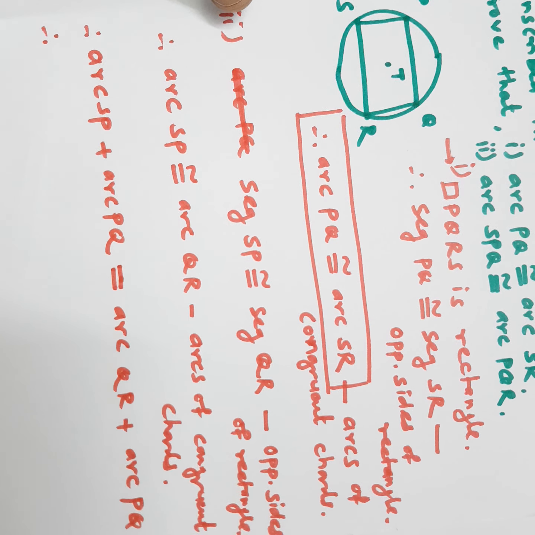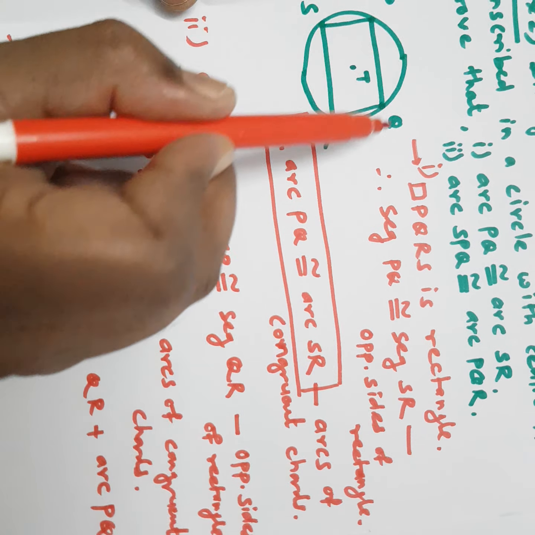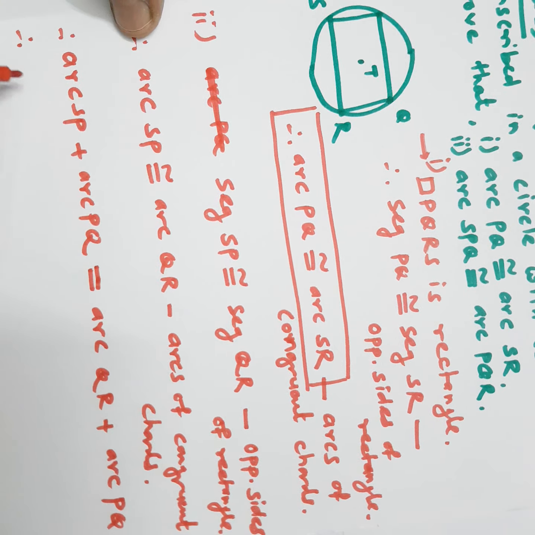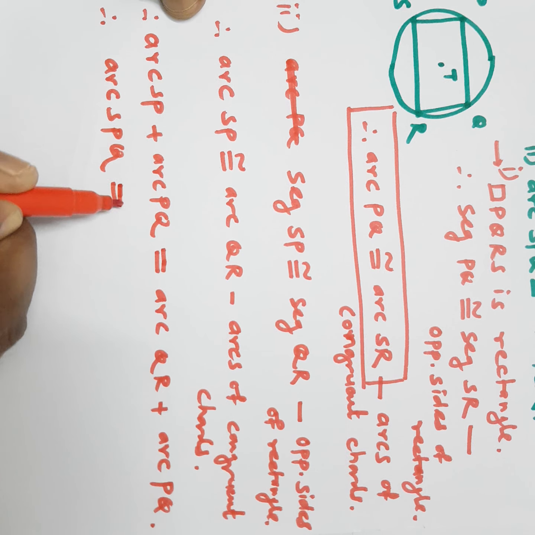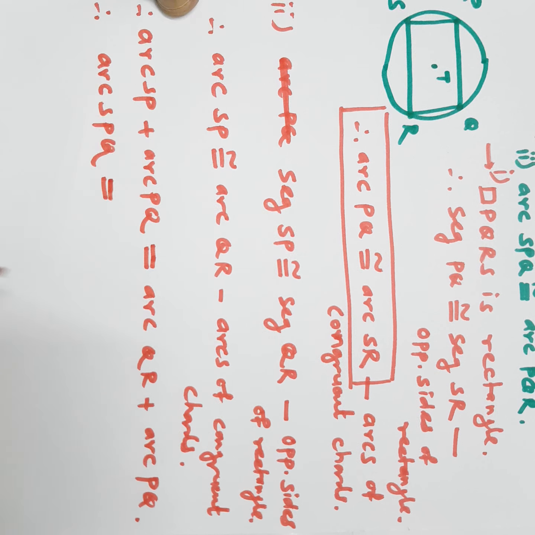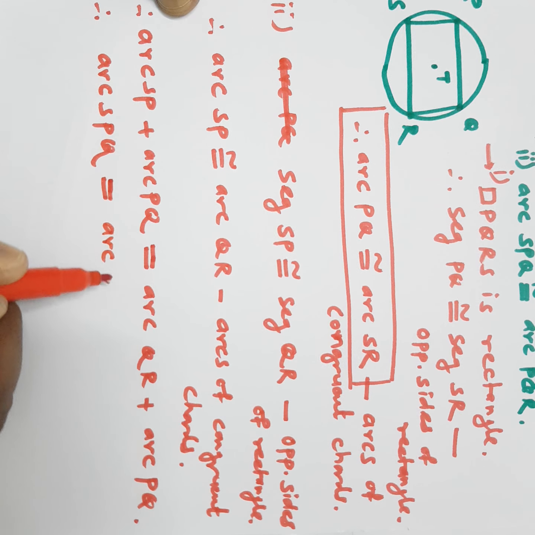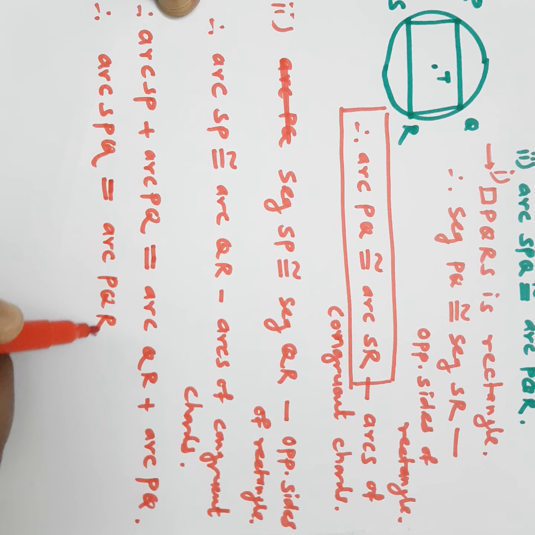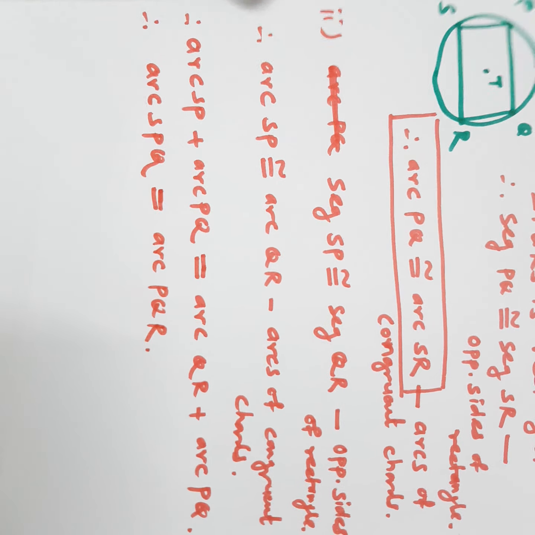See in the figure, arc SP plus arc PQ will be arc SPQ, which will be equal to arc QR plus arc PQ, that is arc PQR.